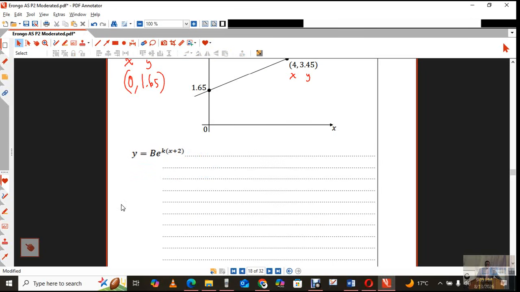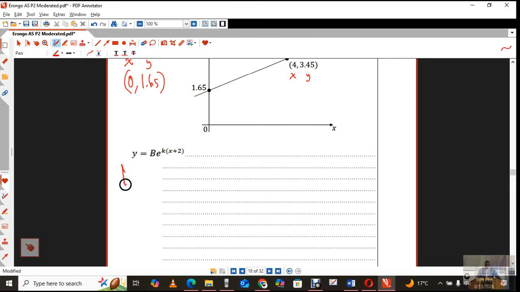Now we are going to take the natural log of both sides. So I'm going to say natural log of y is equal to the natural log of, and then I have in brackets b e raised to the k times x plus 2. Okay, good.